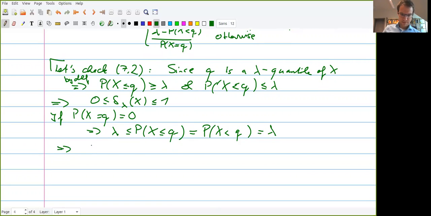In other words, lambda minus the probability of X being less than q is exactly equal to 0.